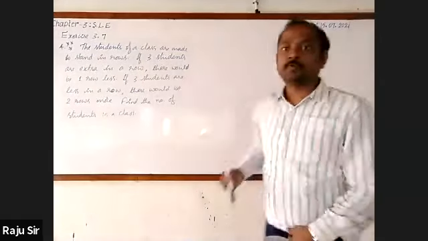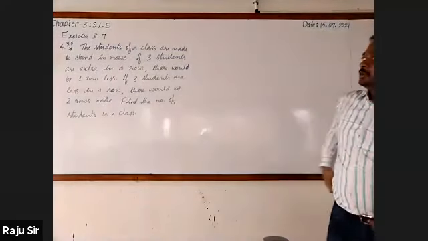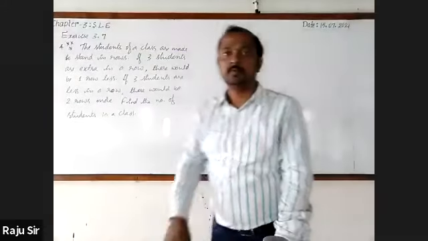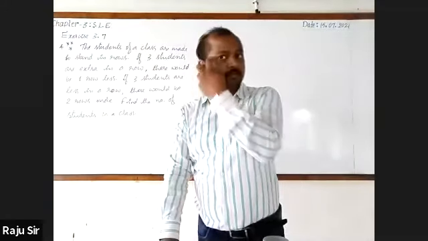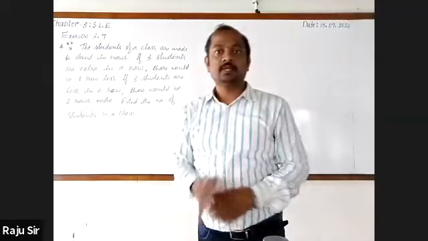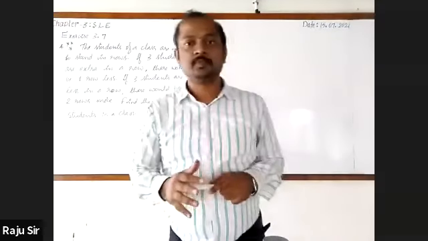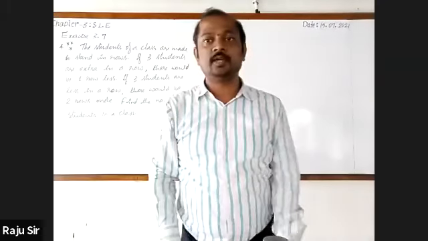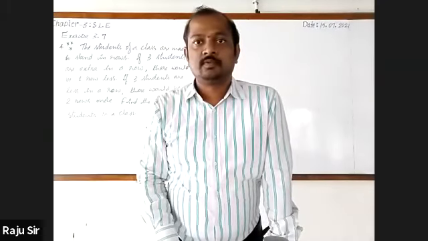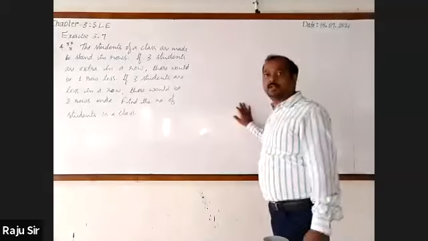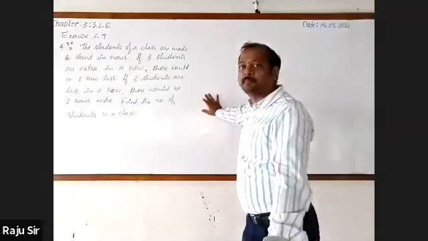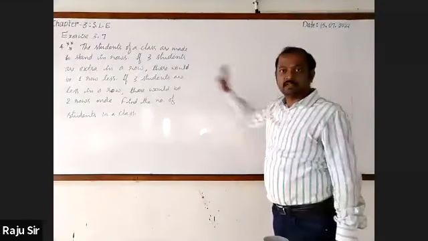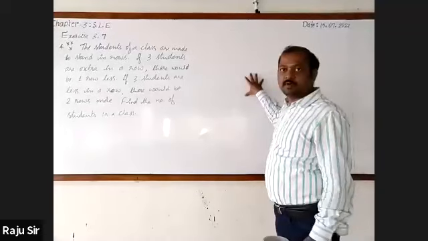Now first let me go for explaining the situation. Listen. Have you copied? Now observe. This is very simple. Before going to the statement, I'll give you one general information.